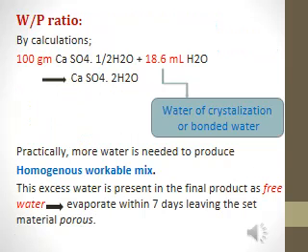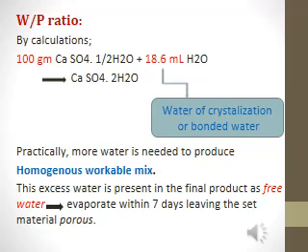Now, what about the amount of water required for setting of the gypsum? By calculations, they found that 100 gram of calcium sulfate hemihydrate powder requires 18.6 milliliter of water in order to convert it to calcium sulfate dihydrate.